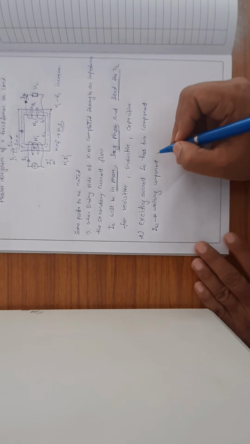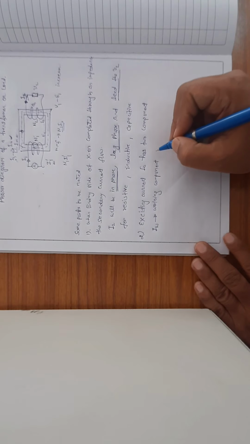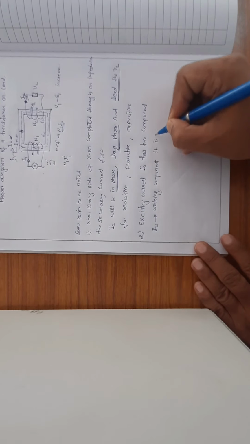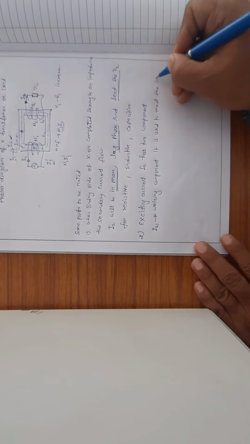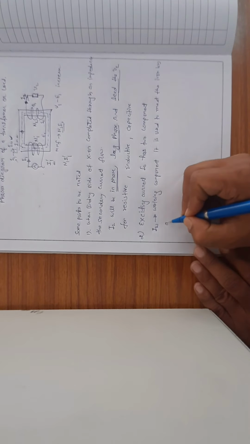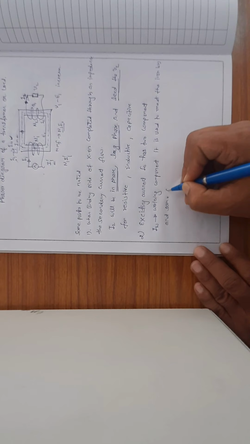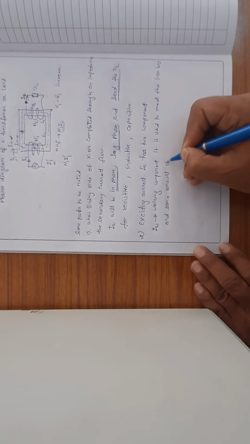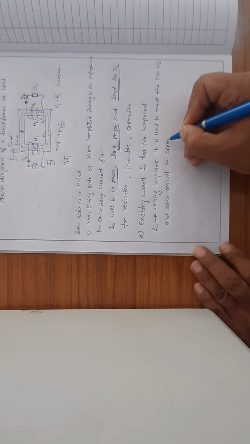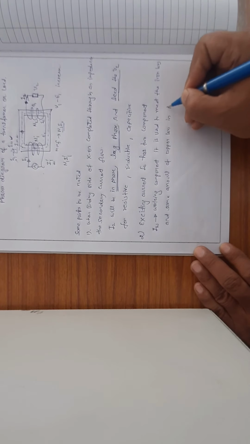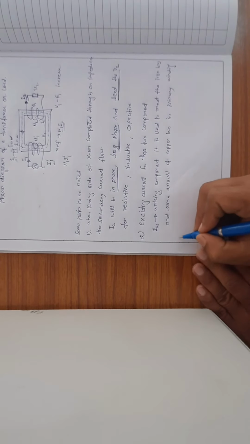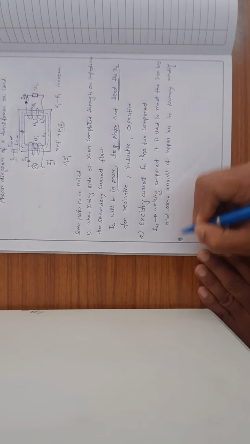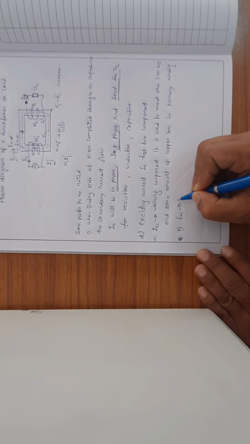It is used to meet the iron loss and some amount of copper loss in the primary winding. Part B, IM, the magnetizing component.